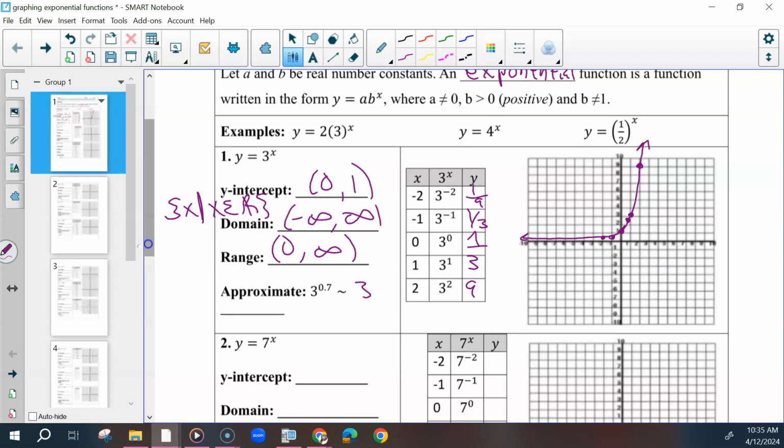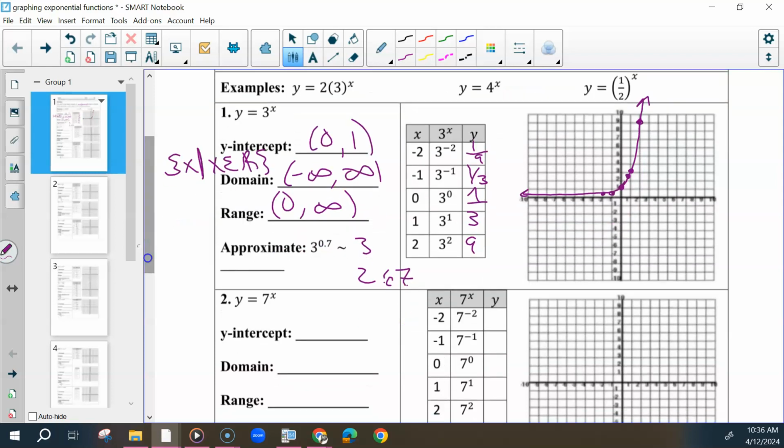Okay. Any other guesses? 2 and 2/3. Okay. In your calculator, put 3 raised to the 0.07. Tell me what it actually is.